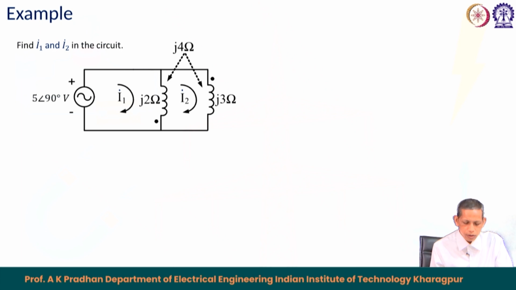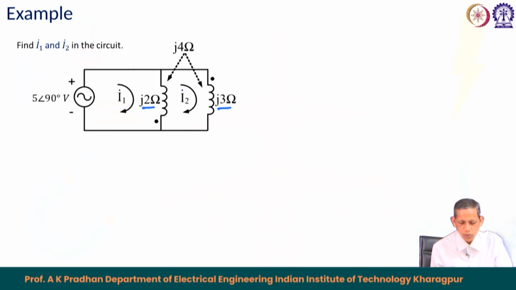Another example. Here we have a 5 with an angle of 90 volt source, and we have two loops. In the first loop we have only one element, j2 ohm, and in the second loop we have another element, j3 ohm. J3 and j2 are in the second loop.